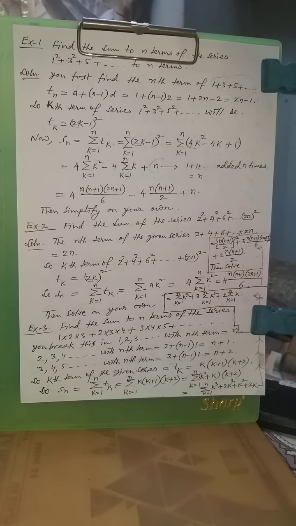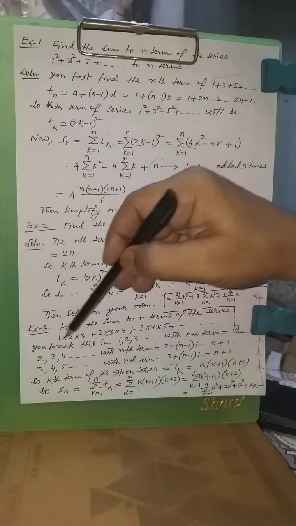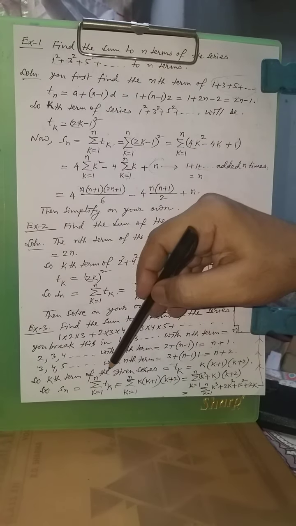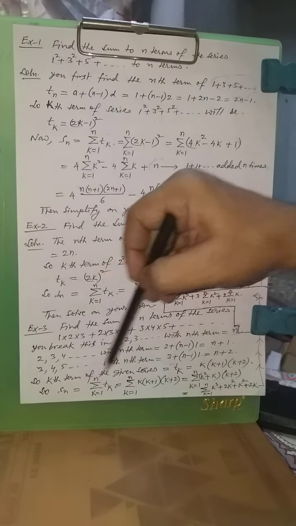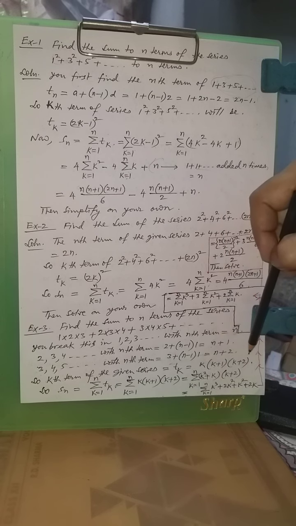You can see the calculation. So the kth term of this sequence can be written as tk is equal to k, in place of n I have taken k. This n plus 1 becomes k plus 1 and this n plus 2 is k plus 2. So the kth term of the sequence is this much.